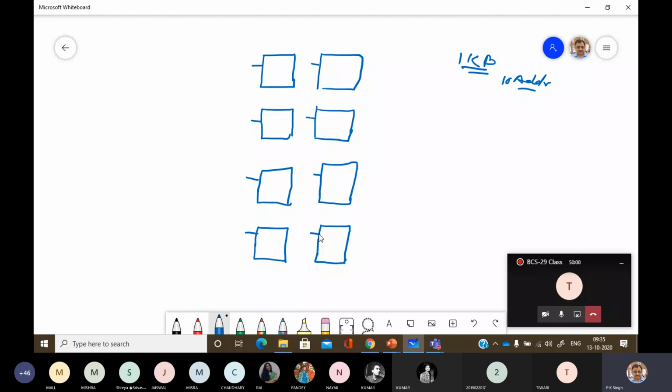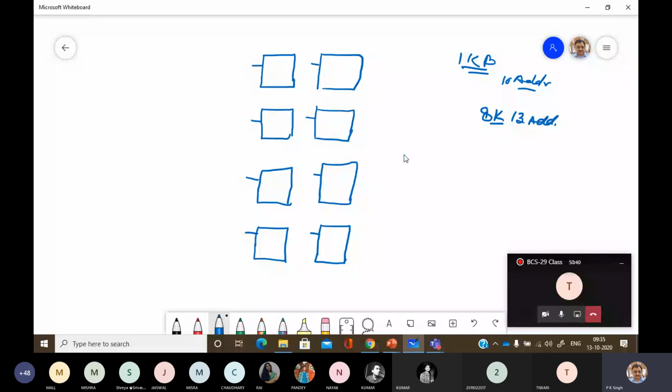First see 2D organization, then we will see how we convert it into 2.5D. So total capacity, we have 8 chips of 1K, meaning 8K. 8K means we need 13 address lines if your memory is byte addressable.